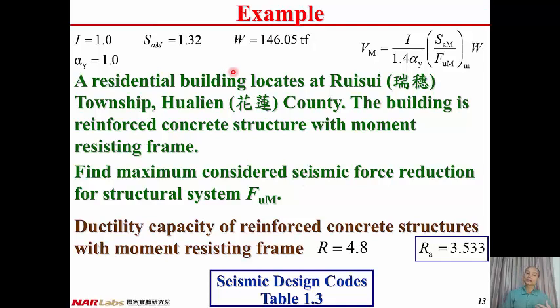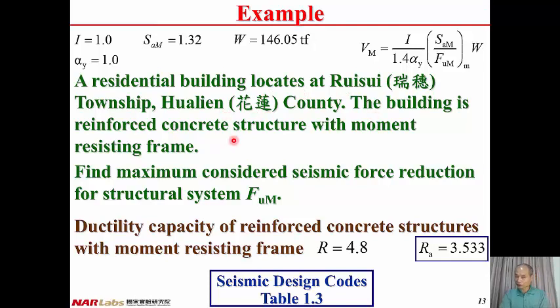And here we go back to the example. So far we have I, importance factor, I equals 1.0, maximum spectral acceleration SAM equals 1.32. The total weight of the structure equals 146.05 ton force. And the first yielding amplification factor, alpha Y equals 1.0. And a residential building located at Ruishui Township, Hualien County.